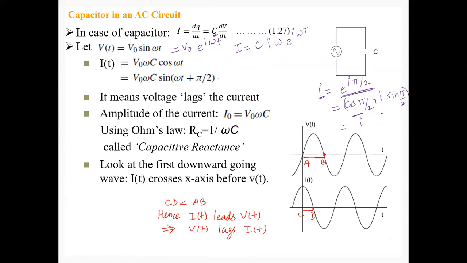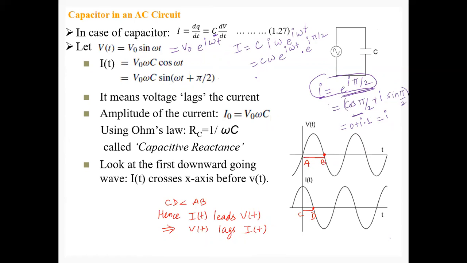Then what is your sine pi over 2? 1. 0 plus i times 1, which is i. See? My i can be written as this. That's why I write this guy as C omega e to the i omega t times e to the i pi over 2. Do you see that?